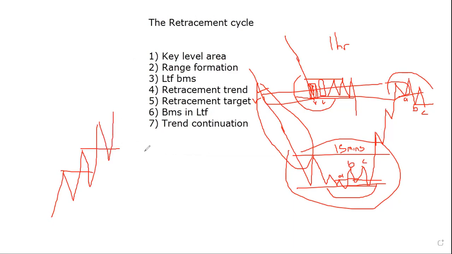And when it does this, they will always respect the market structure of the leading time frame, which is the 15 minutes time frame, in the sense that they will not close below the 15 minutes market structure if they don't want to reverse the trend. If they don't want to reverse the trend, they won't close below. So generally, this is how retracement works.